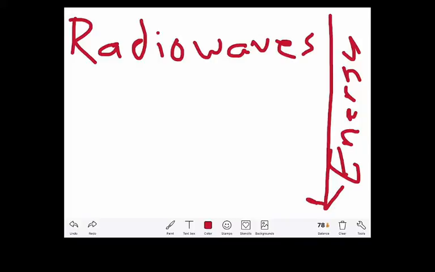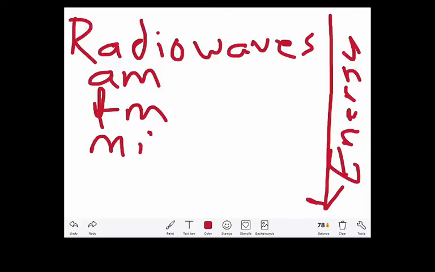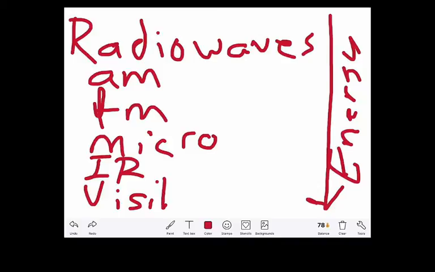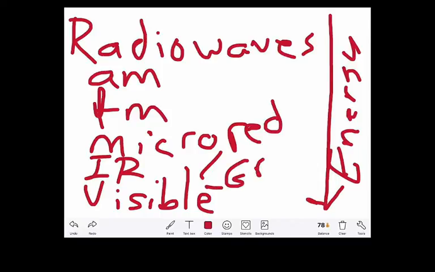And then there are different frequencies of radio waves. There's AM radio waves, slightly more energetic, or FM radio waves. After that, microwaves, then the infrared, then the visible light. And in the visible light, red has the least amount of energy, green is in the middle, and blue is the most energetic wavelength of visible light.